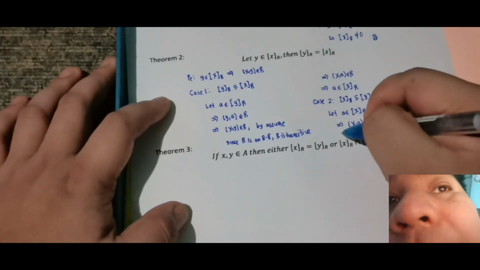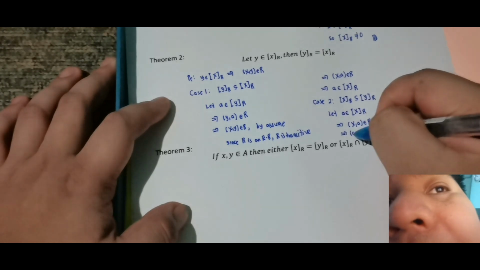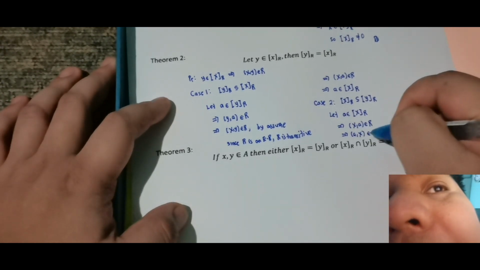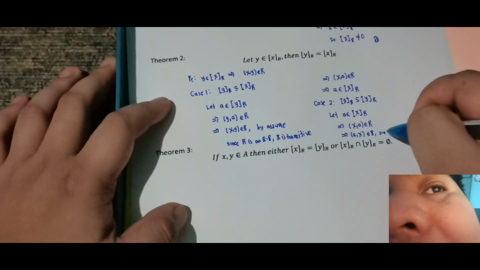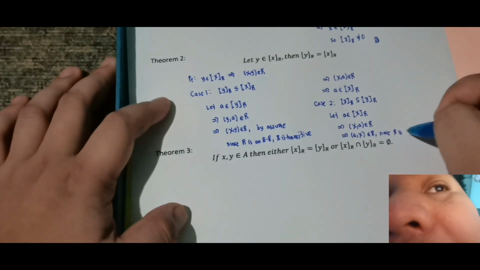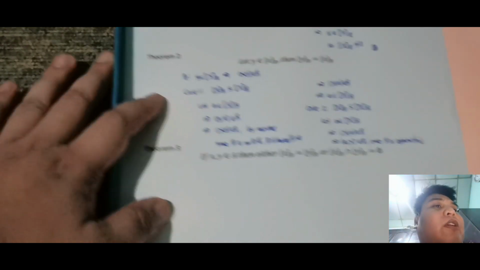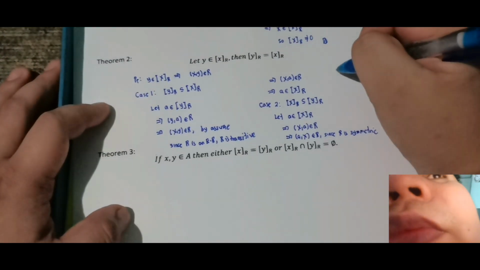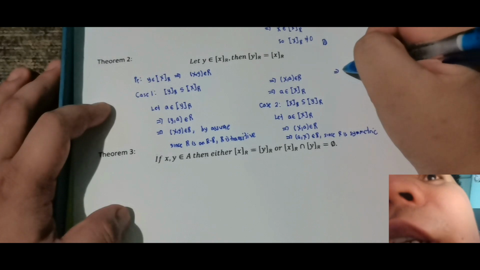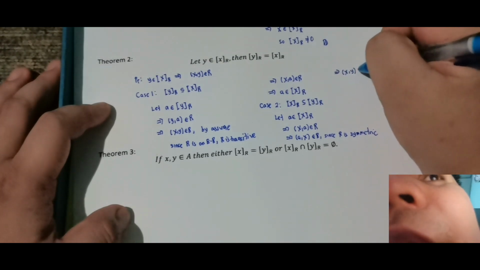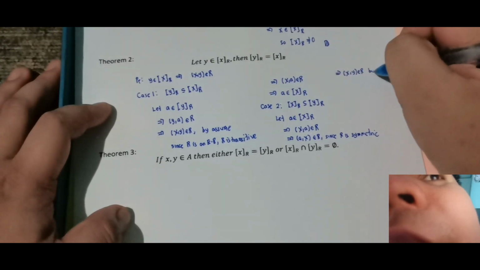So a, x is an element of R since R is symmetric. By assumption, we have x, y is an element of R.